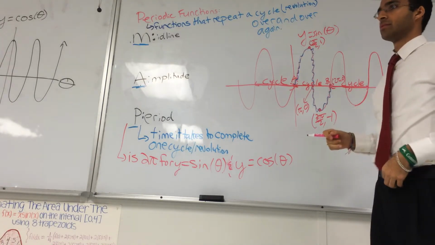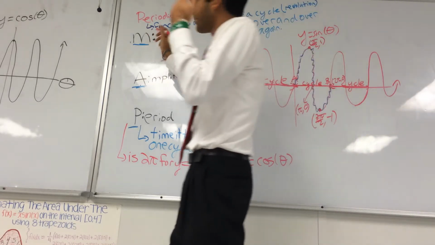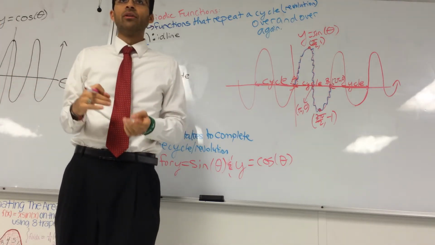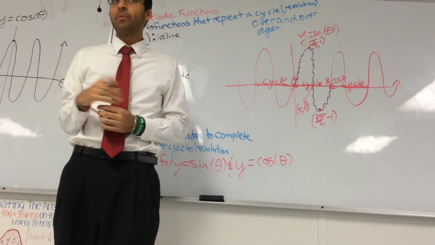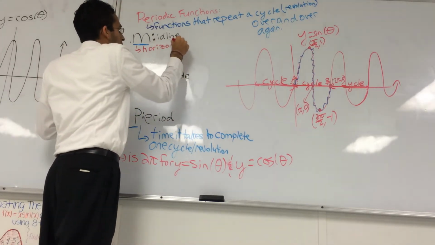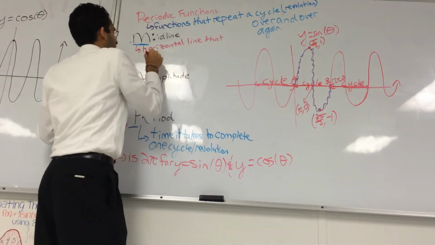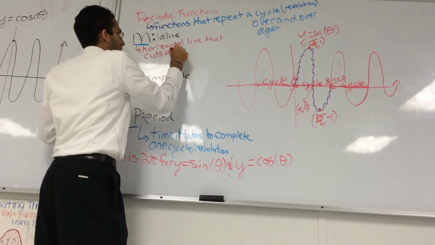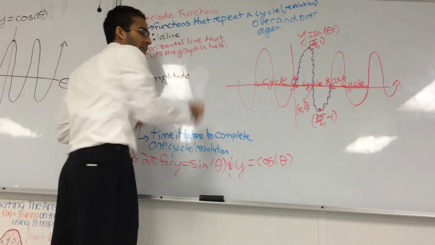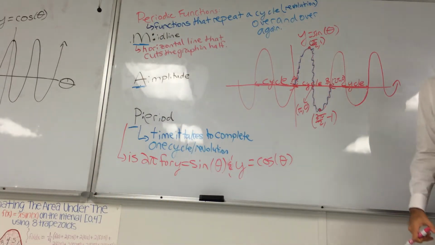All right. The next piece I want to talk about is the midline. So the midline, just as it sounds, is a line that is in the middle of the graph. I'll be more specific. It is a horizontal line that cuts the graph in half.